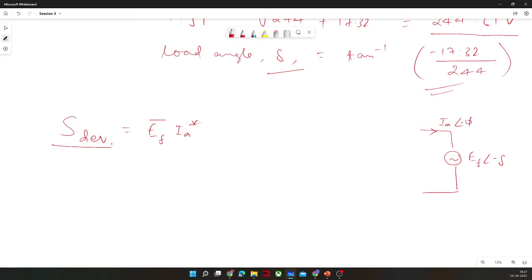Again, you have to go like that. You have to break IA conjugate into two terms, VT minus EF. Just the change would be mod EF angle minus delta in place of VT angle 0. It would be multiplied with IA angle minus phi. And you know the IA expression, EF is anyway there.